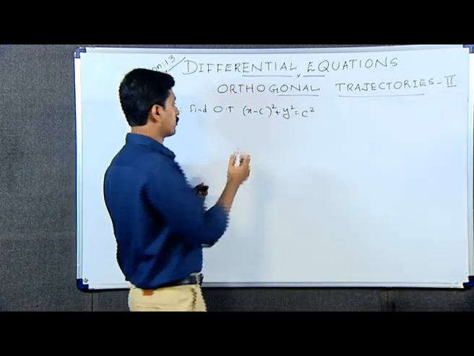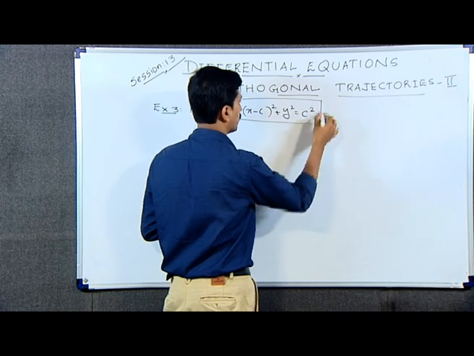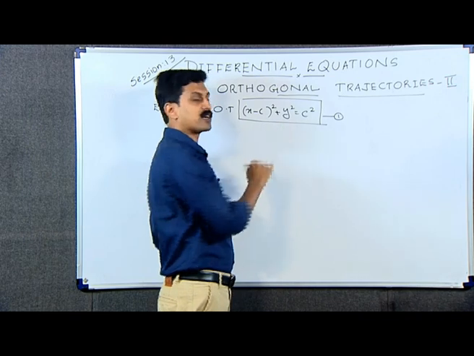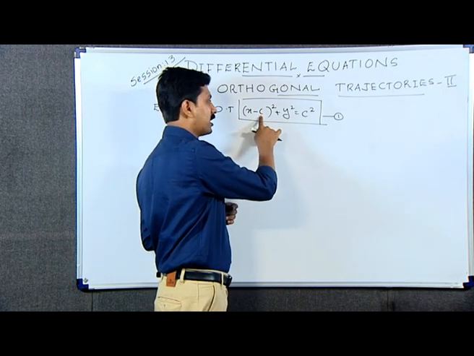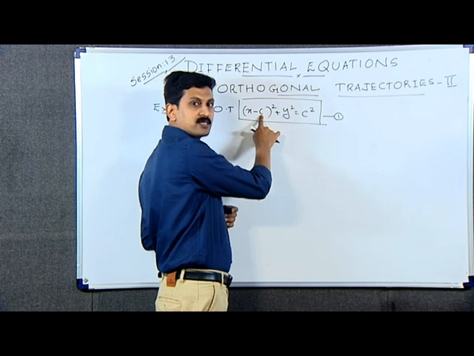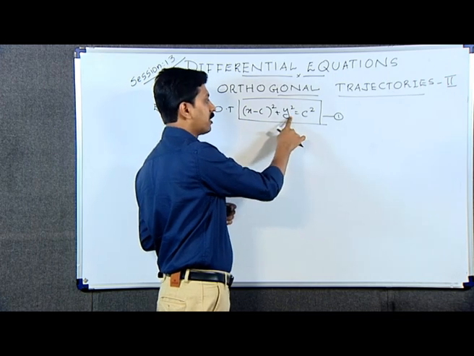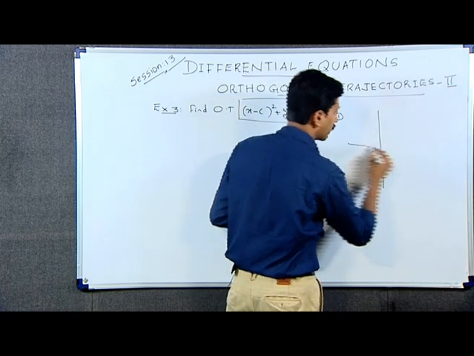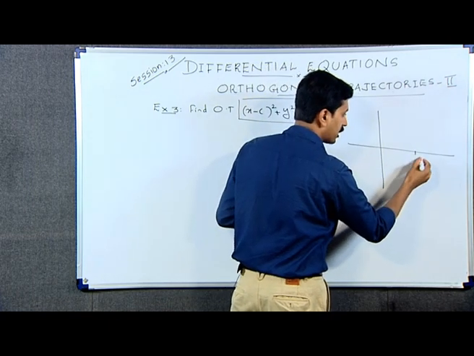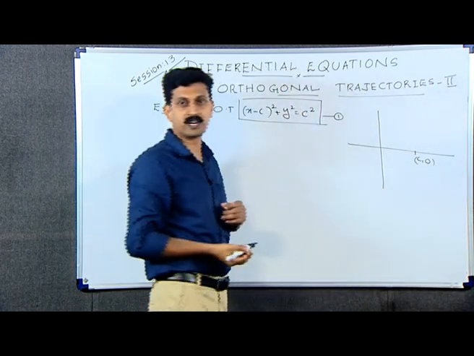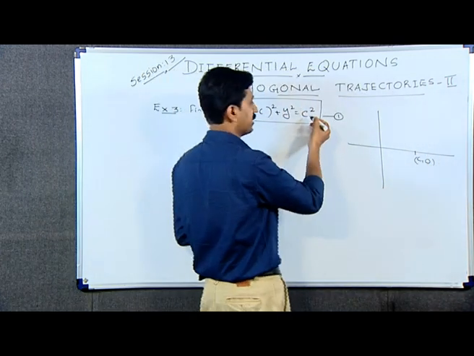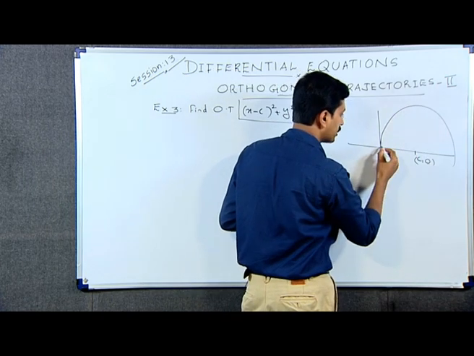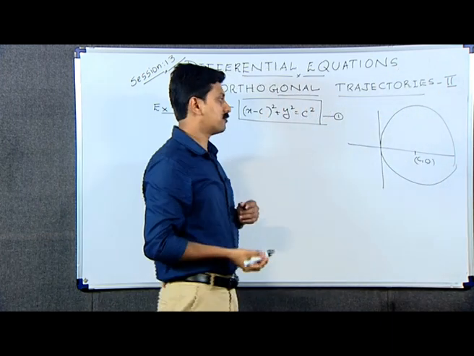What about the curve (x minus c) whole square plus y square equals c square? It is the set of all circles with center at (c, 0), that is, x intercept c and y intercept 0, with radius c.